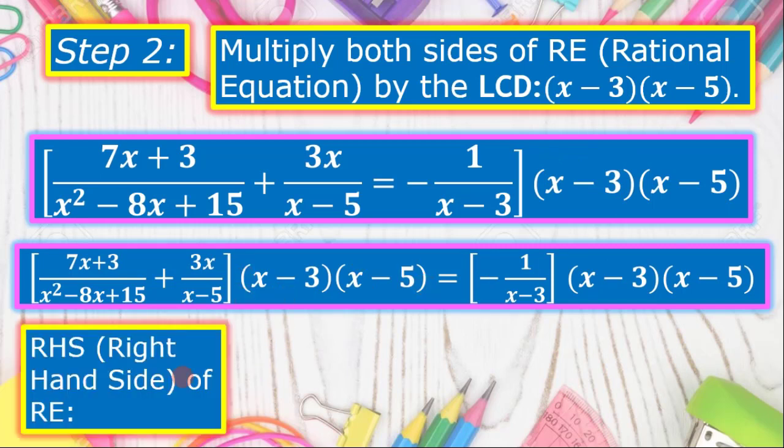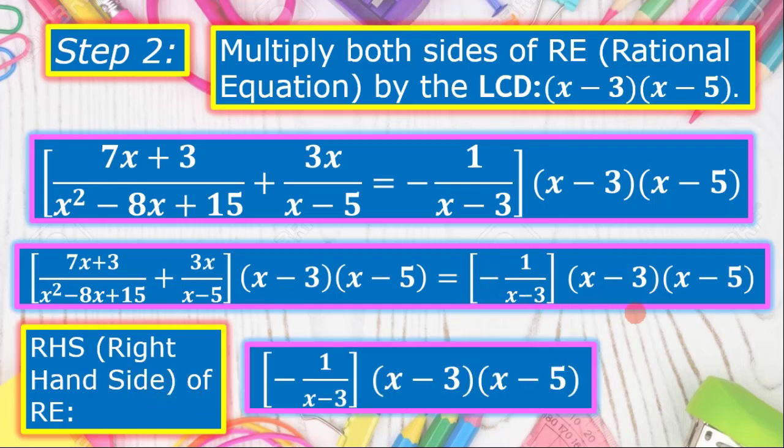Let's deal first with the right-hand side of the rational equation. We have negative 1 over x minus 3 times quantity x minus 3 times quantity x minus 5.